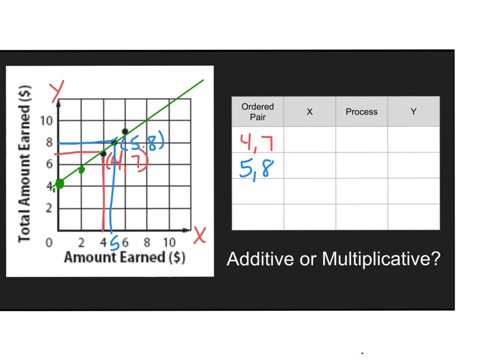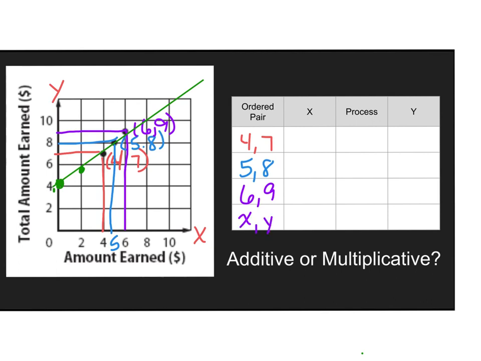I'm going to change colors. So this is going to be 6, and between 8 and 10 is 9. So I'm going to put 6 and 9. Now in this case, I left an empty column because I'm going to look at x and y.